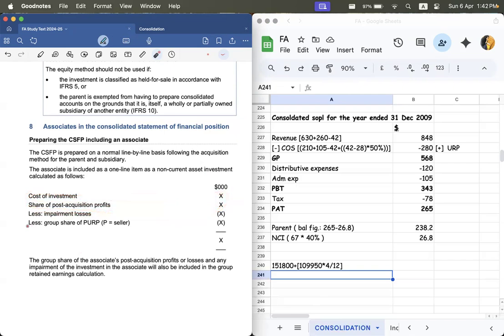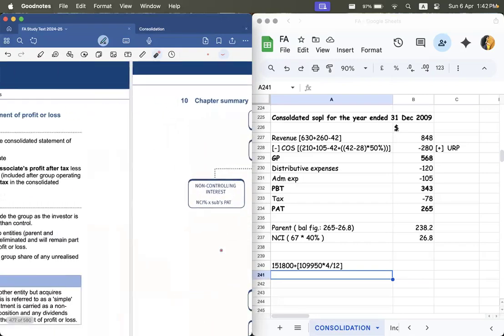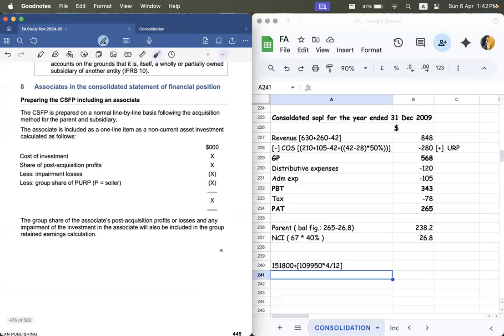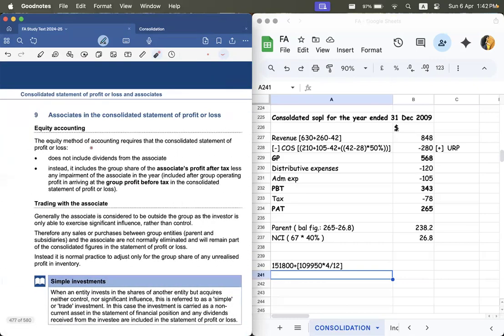If there is any URP involved, you remove the parent's URP from the equity method. That's all, and then you reach the amount. The maximum possible question you could be asked is the value of associate. A theory question could also be asked about the method by which you calculate the value. It is called equity accounting or the equity method.